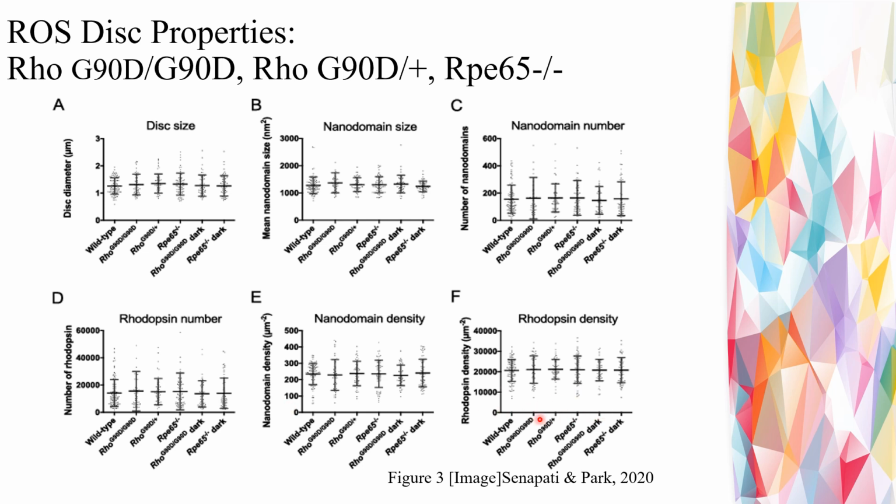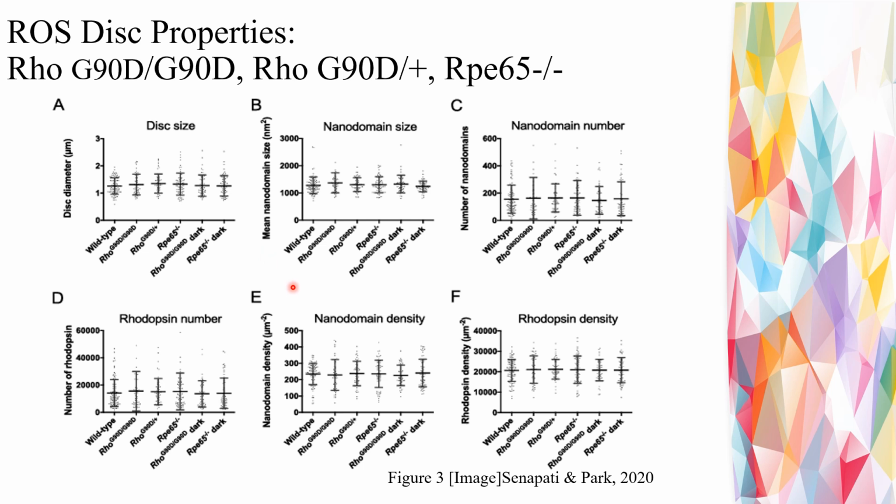So if we take a look at each one of our charts, it gives us the models that we're using, and wild type mice are used as a reference in all of these charts. Statistically, there are no significant differences with this group of models.